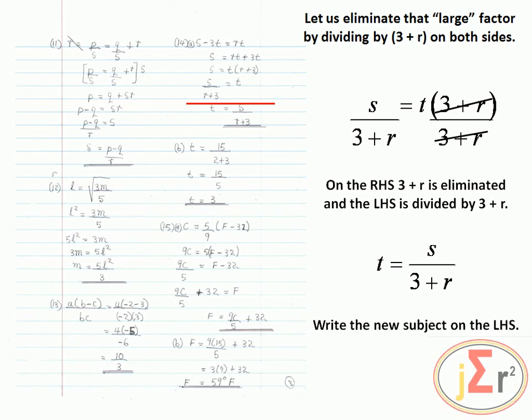And if we have two occurrences of the proposed subject, we will factorize, and after factorization we divide by the other factor. And in this particular case, the proposed subject is on the right hand side. We just reverse, and that we may do under all such circumstances.